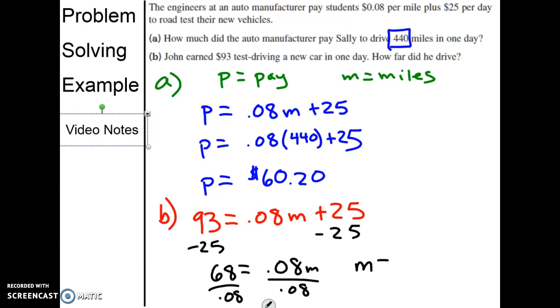You would get M equals 850. That would mean that in order to earn $93, you would need to travel 850 miles test driving the cars.